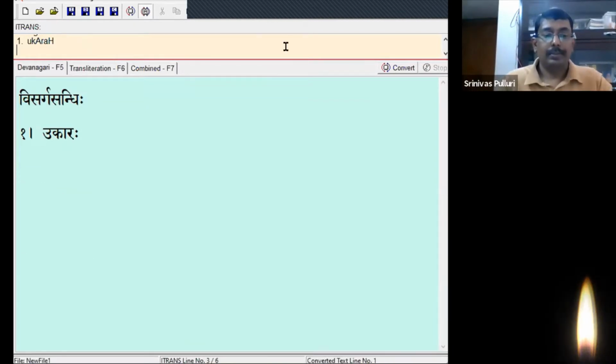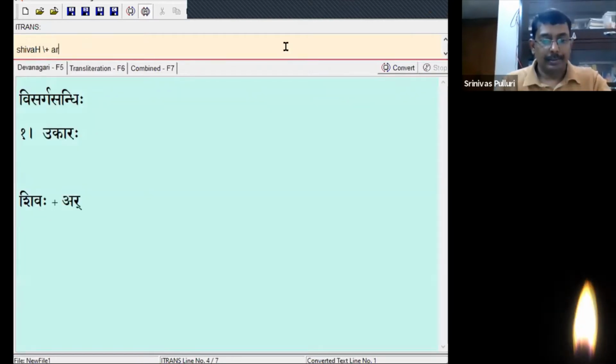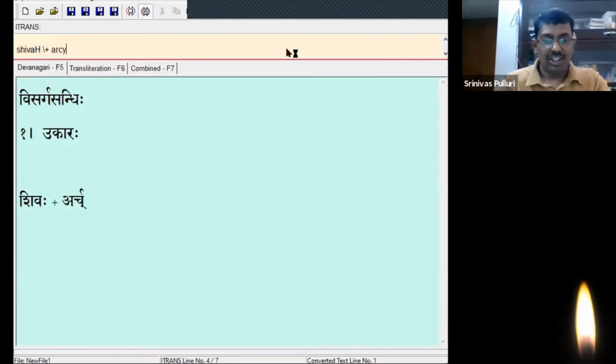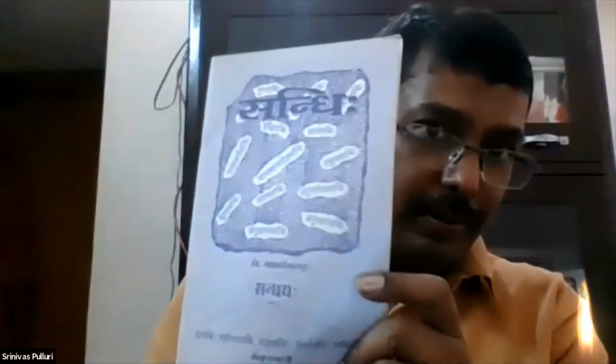For example, let me give the example first, that helps sometimes. Shivaḥ plus archyaḥ. This is a sandhi book which I am following.